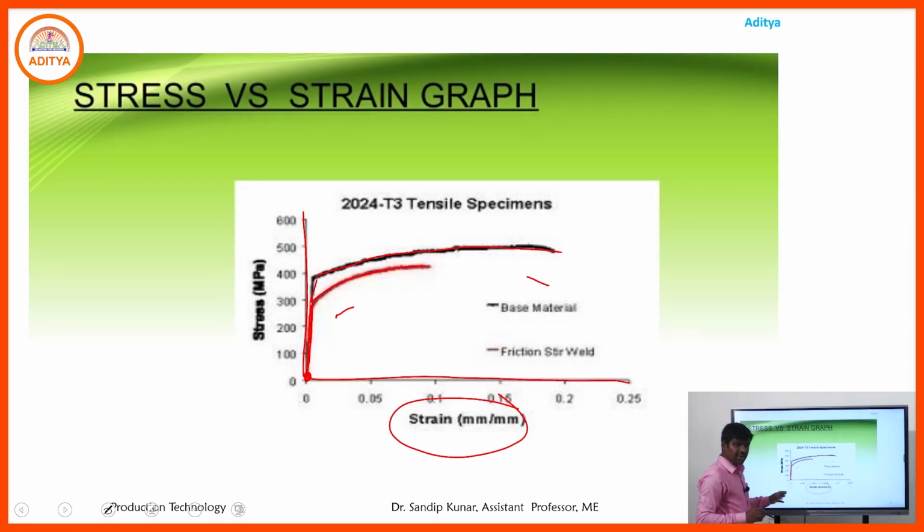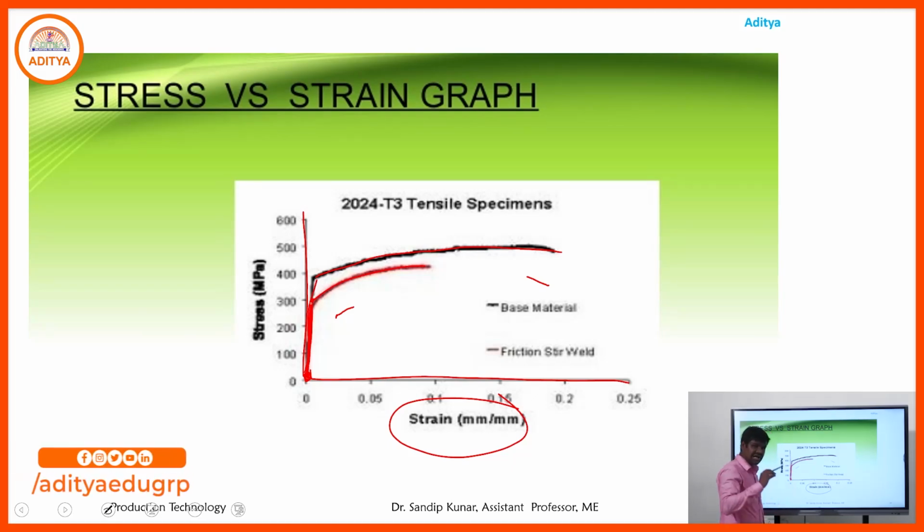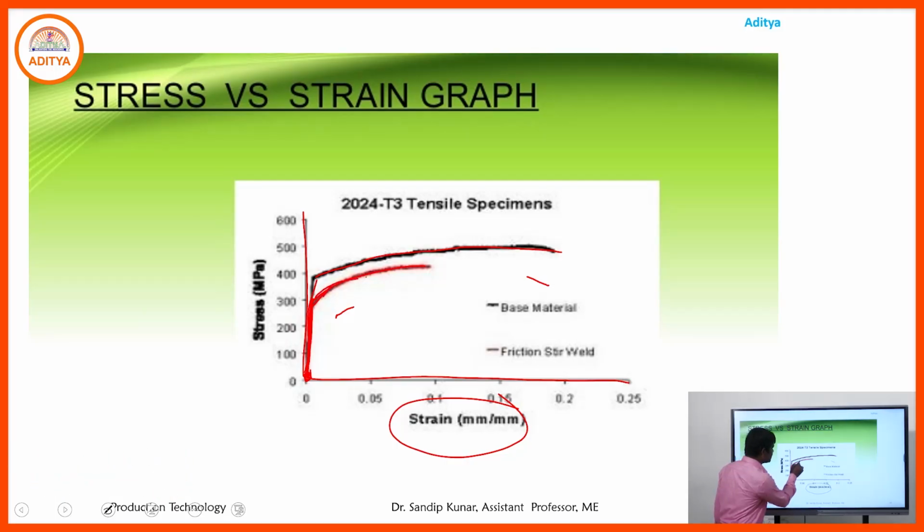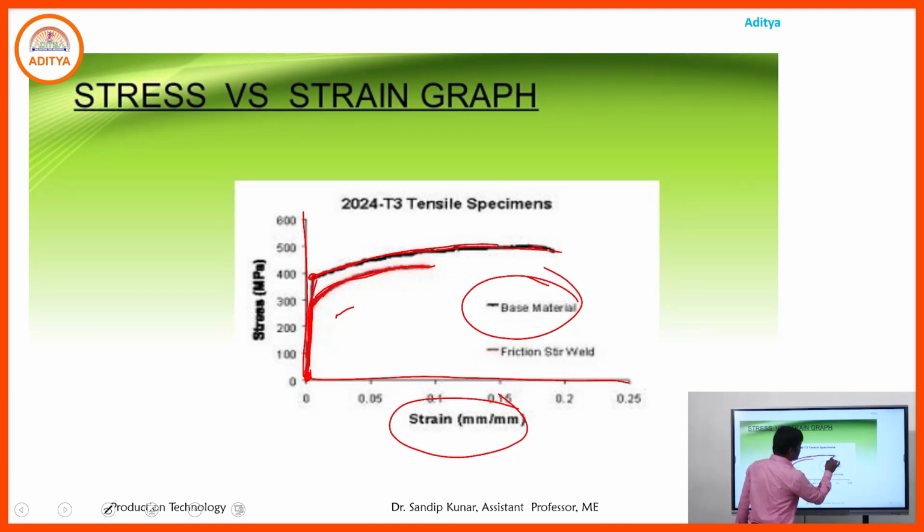Initially a very high amount of stress builds up, then after a certain time the stress increases only slowly, while the strain continues to increase. Again, for the base material, the stress increases suddenly and linearly, then after a certain time it increases only a small amount, the strain rate also increases, and after a while the stress decreases slightly.